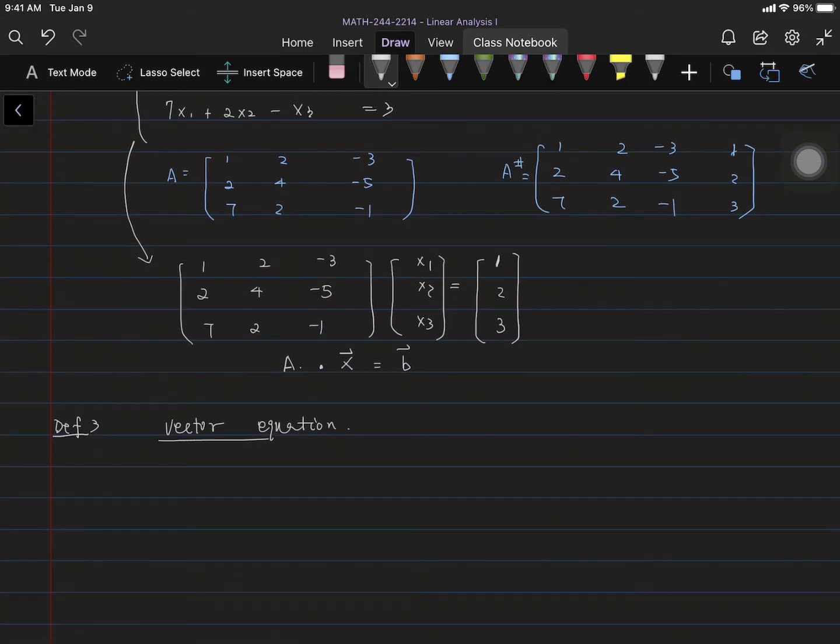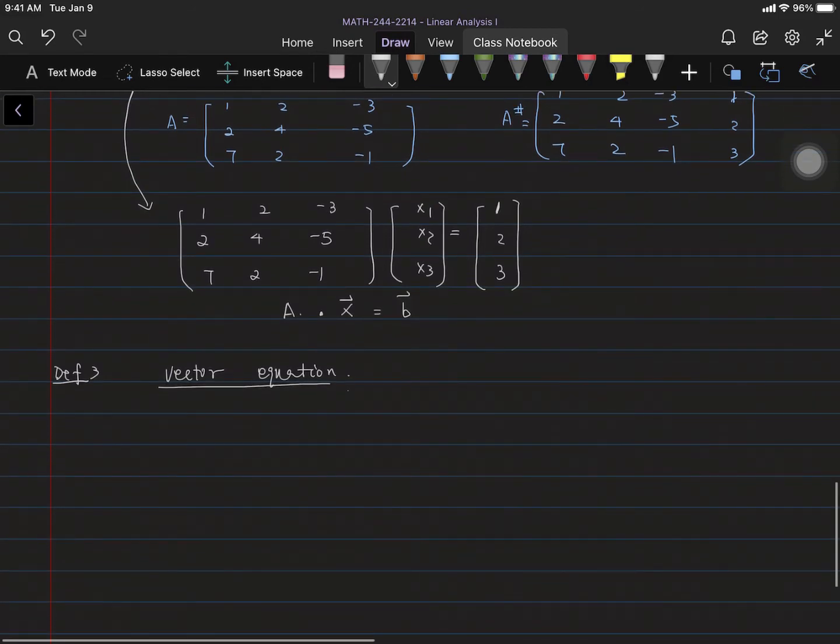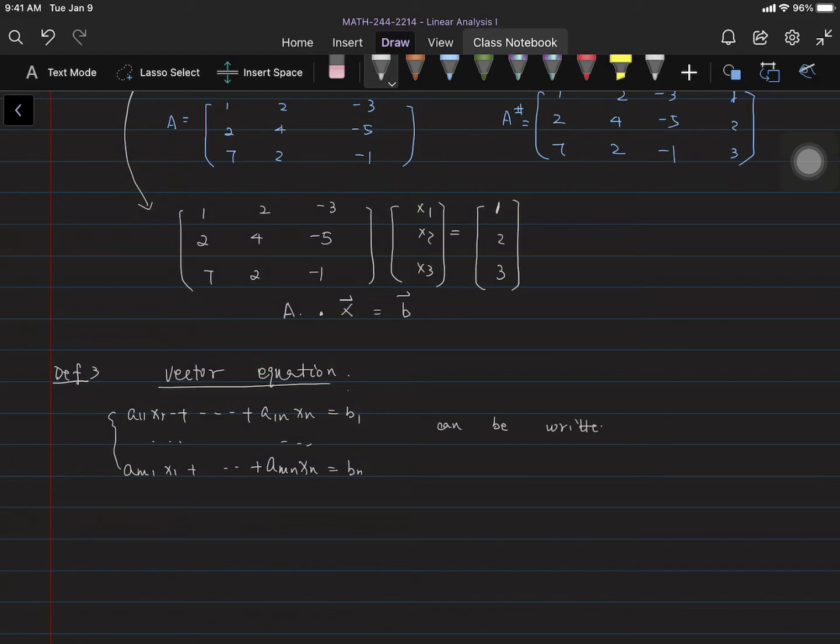Vector equation means if we have a linear system like a11 x1 plus up to a1n xn equals b1, and so on down to am1 x1 plus up to amn xn equals bm, then this can be written in the form Ax equals b.